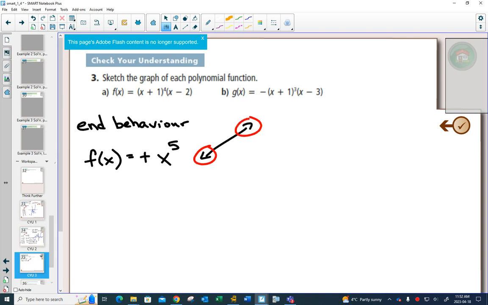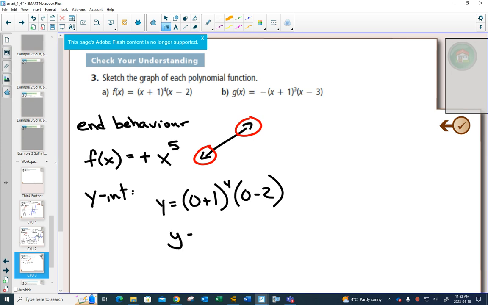There's our end behavior. Your y-intercept is still easy, but you have to do a little bit more mental math. You plug in 0 for x, and here you would get 1 to the exponent of 4 times by negative 2.